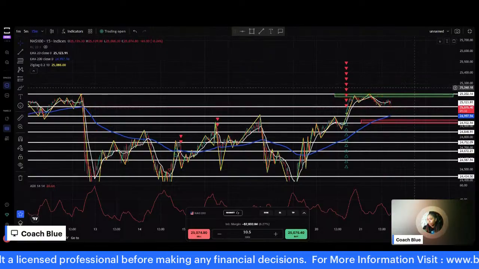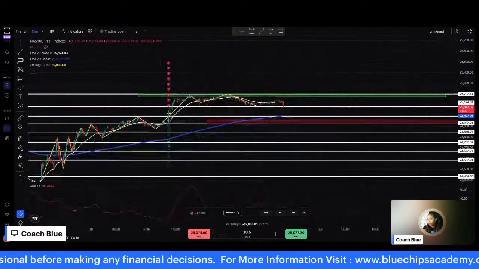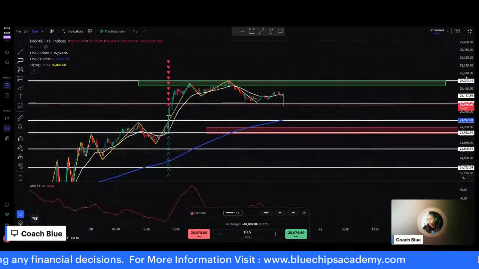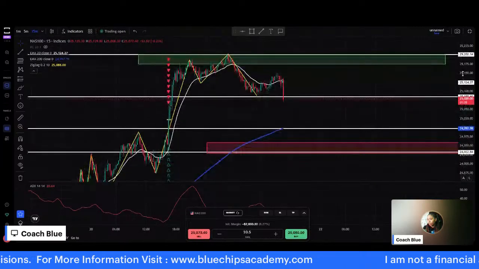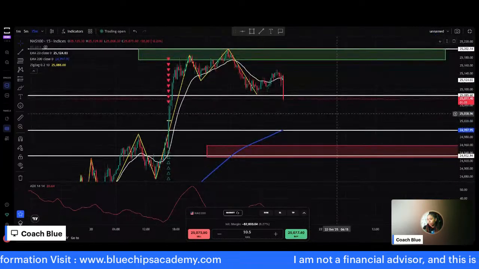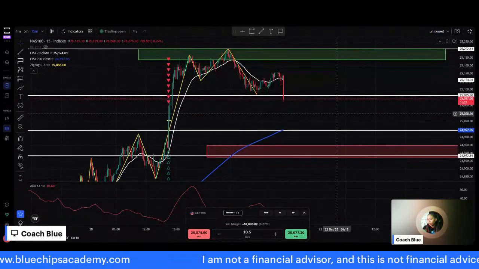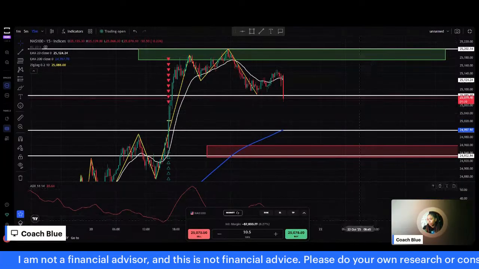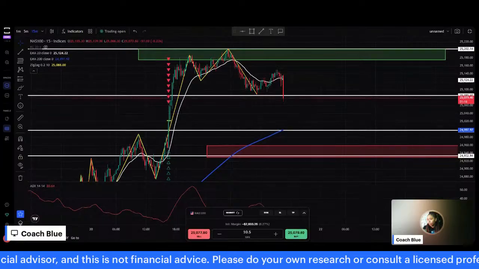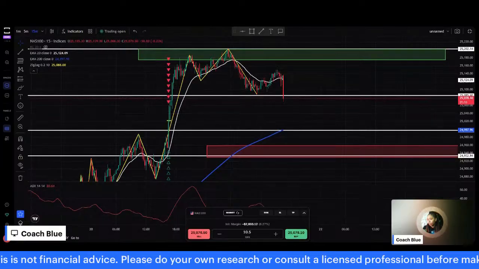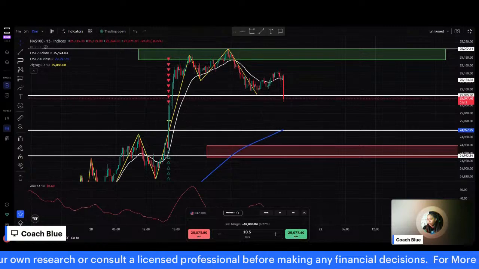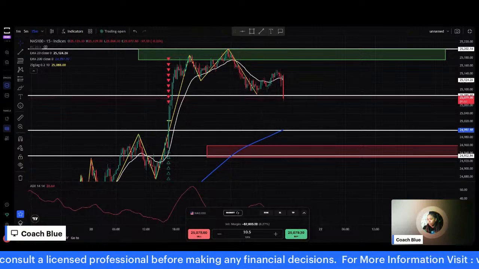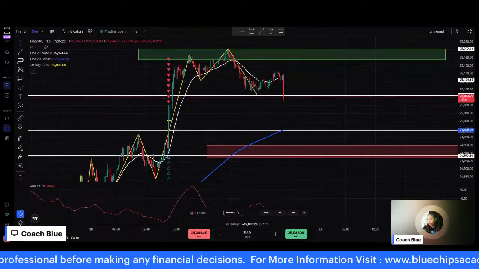So the buyers will have to be really strong to break through that sell pressure. You always look left to see what's going on. If you're not looking left, you're doing it wrong. And we must follow our rules.